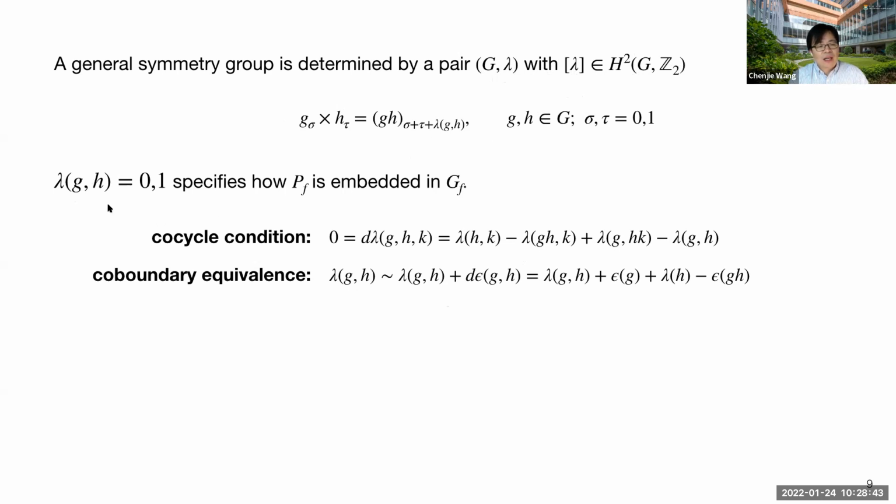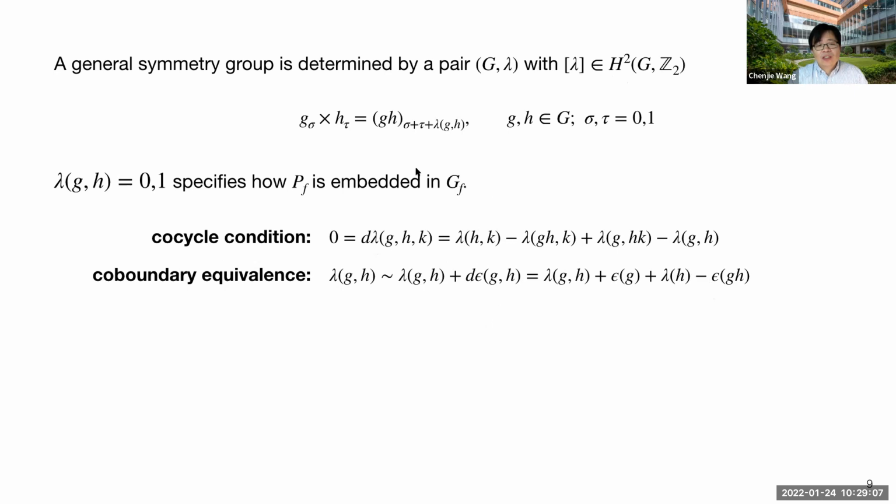Roughly speaking, it is a Z2-valued function satisfying the so-called cocycle condition, up to a certain equivalence. This equivalence relation gives isomorphic GF, so we only need to consider equivalence classes of these two-cocycles.